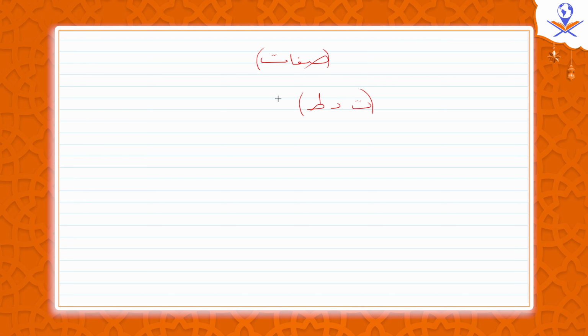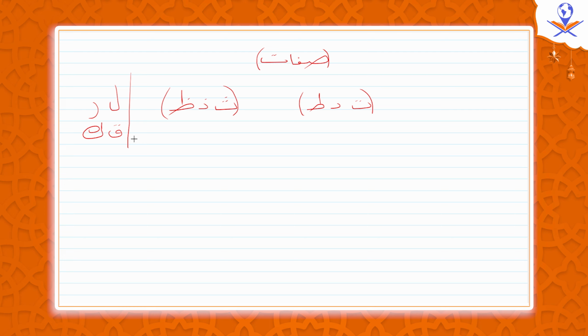They have the same makhraj, right? Tha, dhal, and dha. They have the same makhraj. Lam and ra are very close to each other. Qaf and kaf, these letters are very, very close, very near to each other.